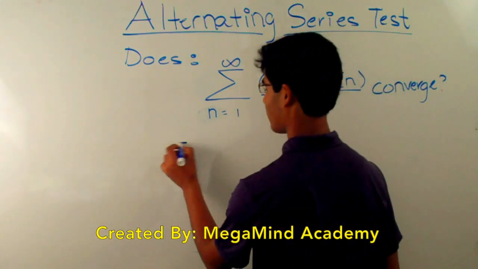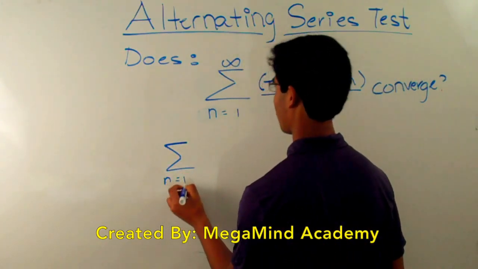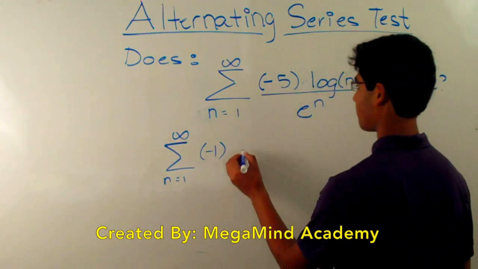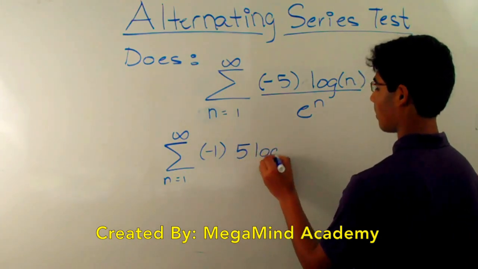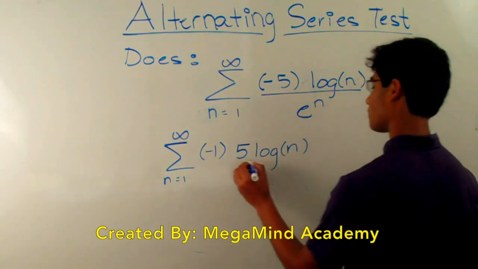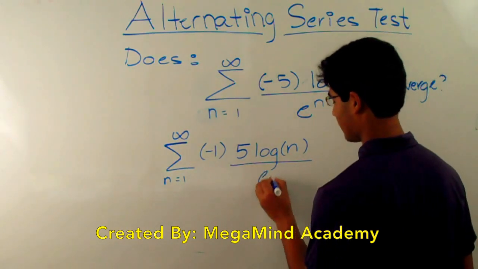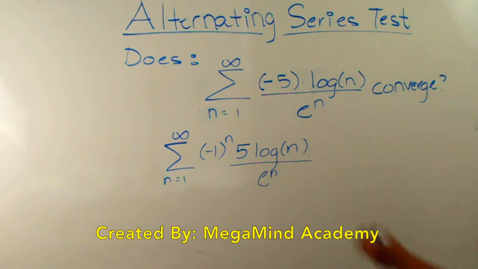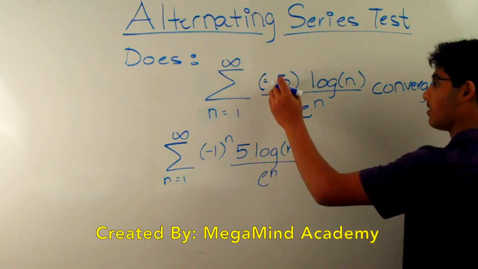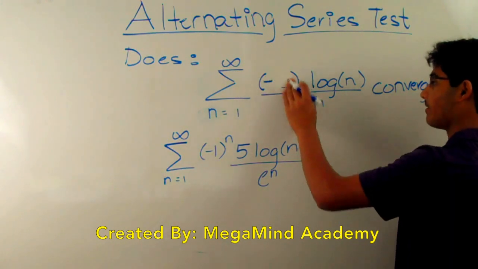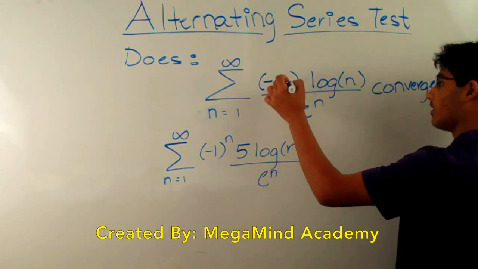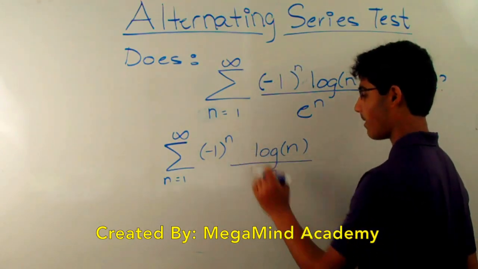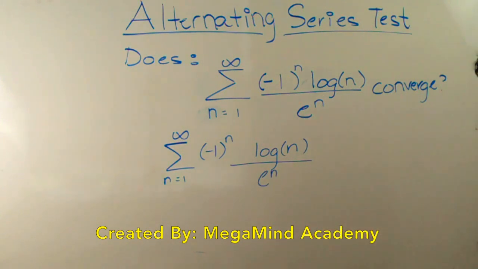This should be equal to the series from n equals 1 to infinity of -1 times 5 log n over e to the n power, and this should also be n over here. We should have an n, so -5, so -1, let's just say for simplicity's sake. So we have -1 to the n power times log of n over e to the n power.